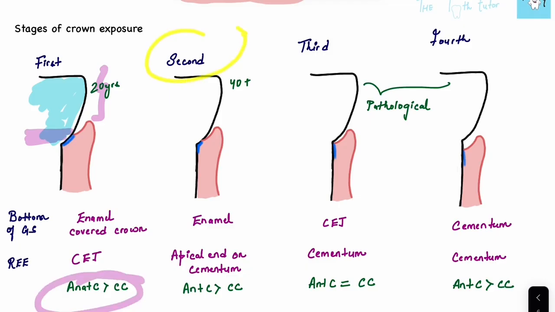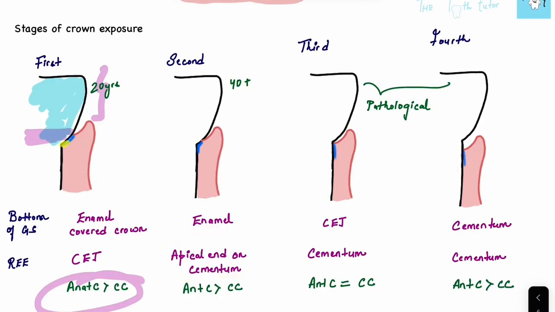Then in the second stage, this much recession is the normal position of the gingiva. You'll see this up to the age of 20 years generally. Now in the second stage, the bottom of the gingival sulcus has shifted downwards. It is still at the enamel; it has not gone beyond the enamel, but it has shifted downwards. Now the apical end of the reduced enamel epithelium is on the cementum.